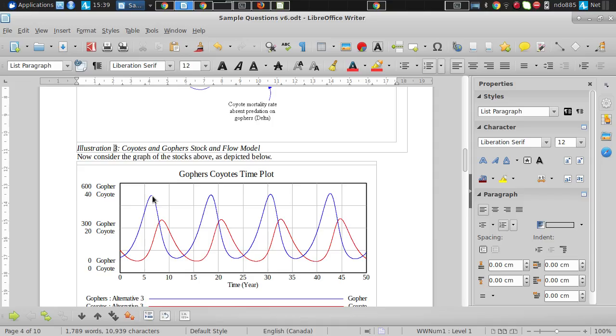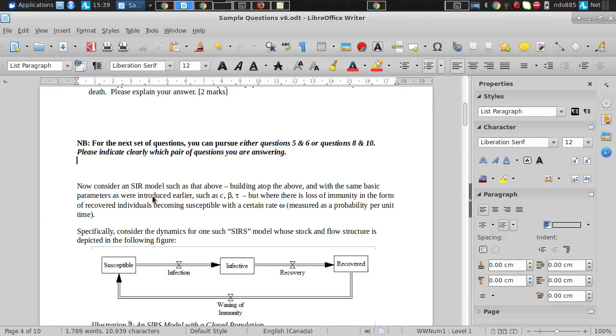From the perspective of the whole model, of the population as a whole, what's going on at that point where infectives is at a peak? This is not a trick question. So now we're talking at the level of the whole population. The derivative is 0.